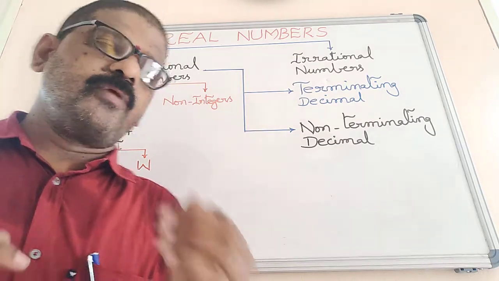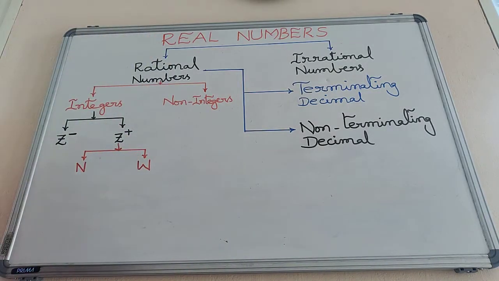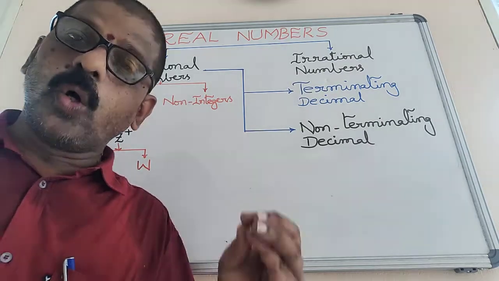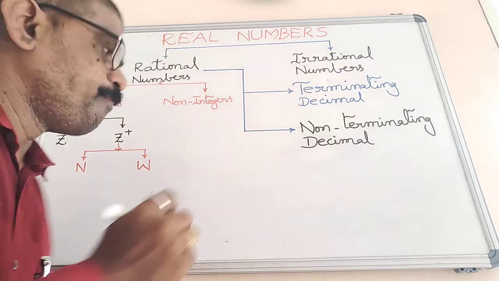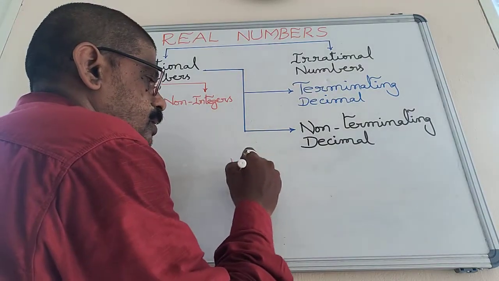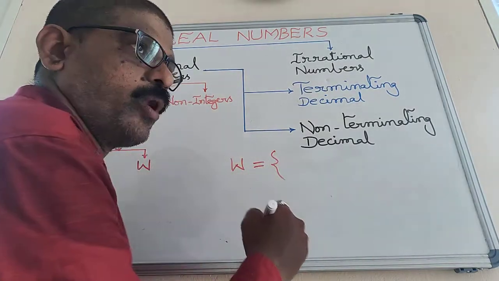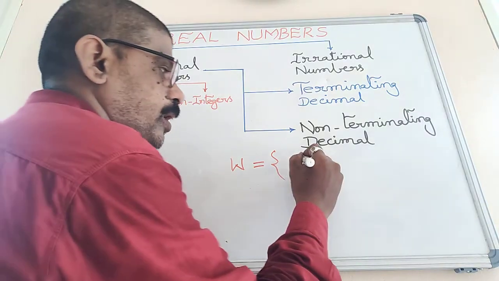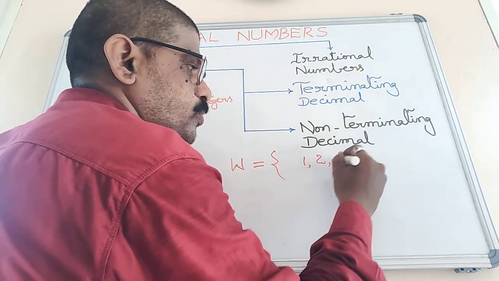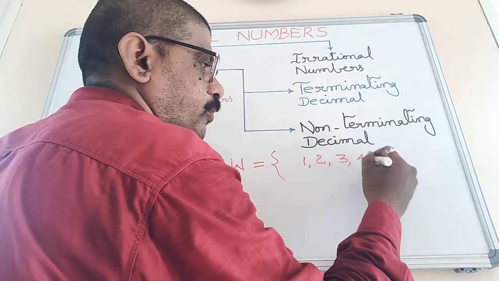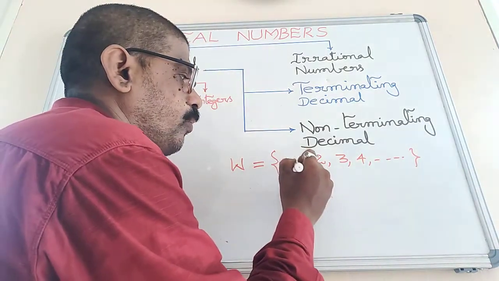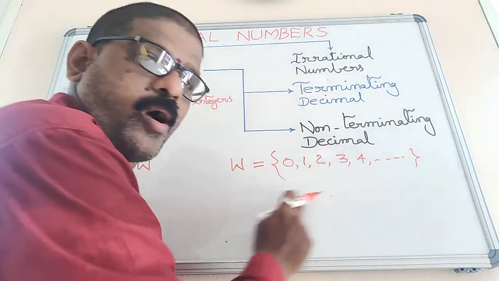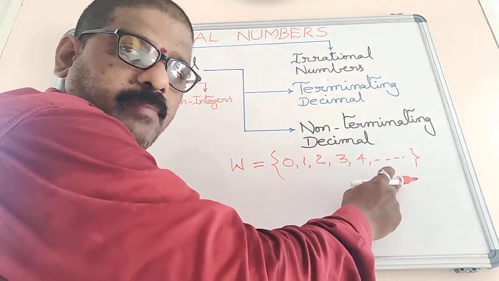The set of whole numbers is denoted by W. So how to write the set of whole numbers? Natural numbers 1, 2, 3, 4 and so on, along with 0. That is called the set of whole numbers.